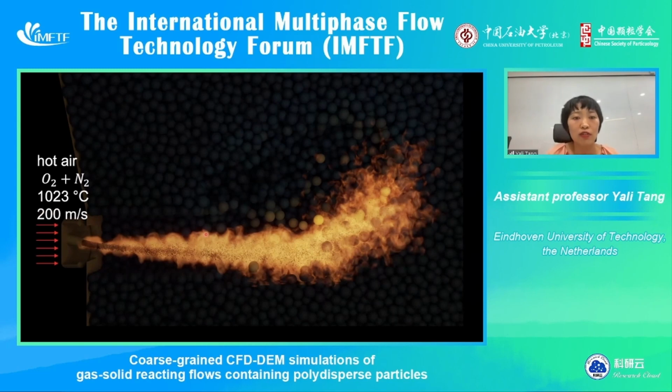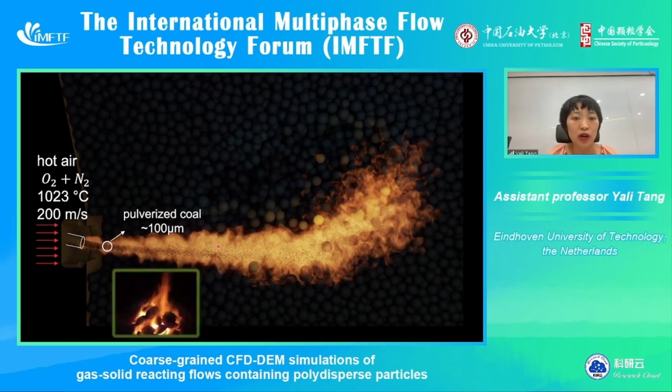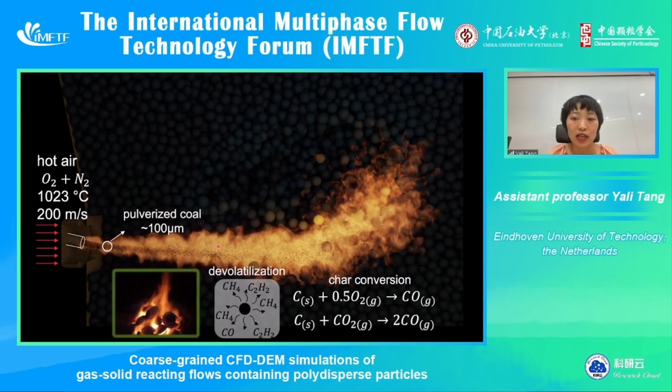That's why we need a very fine mesh in this area. And with this lance, we inject the pulverized coal, which is again polydisperse, with an average diameter around 100 micron. This pulverized coal undergoes devolatilization and char conversion.